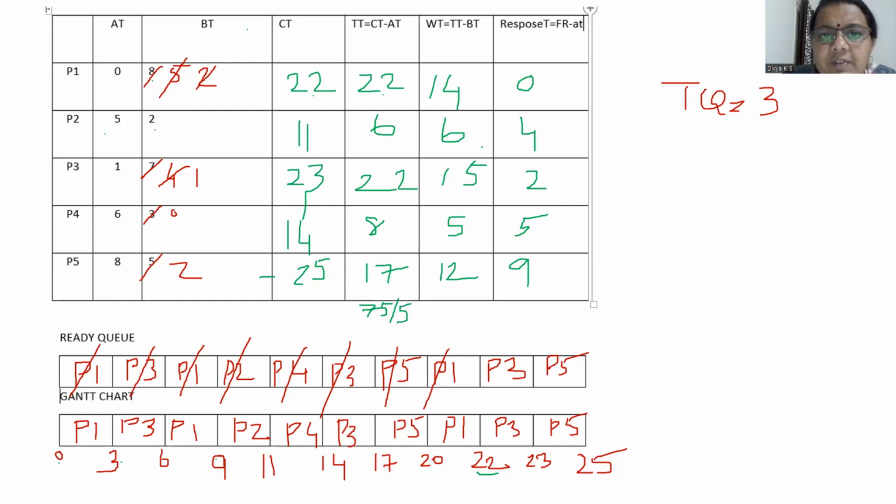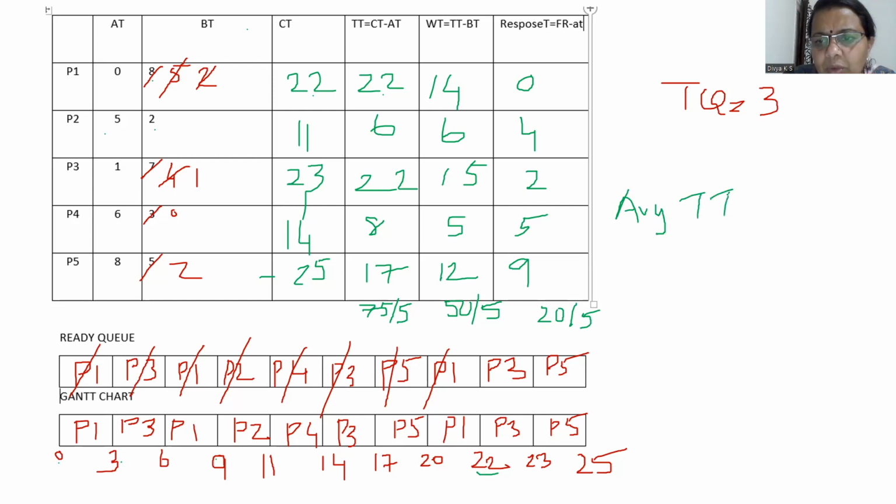The average waiting time: 14 plus 6 plus 15 plus 5 plus 12 is 50, divided by 5. For response time: 0 plus 4 plus 2 plus 5 plus 9 is 20, divided by 5.